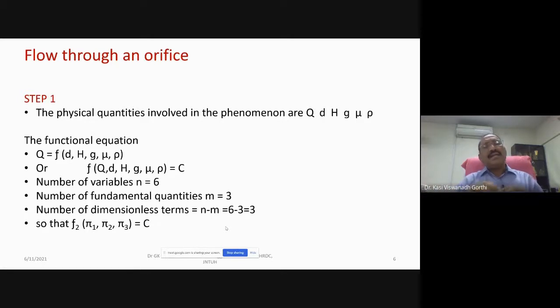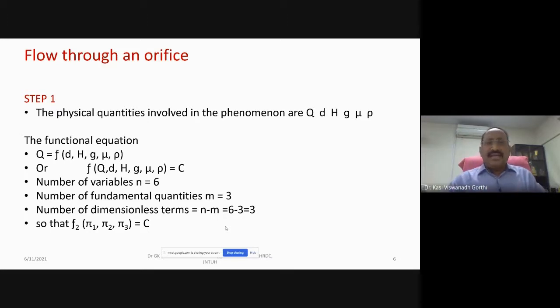Let us have a clearer understanding with the problem we solved in the previous class by making use of Rayleigh's method. Now we take up the same problem, flow through an orifice, using the Buckingham method.